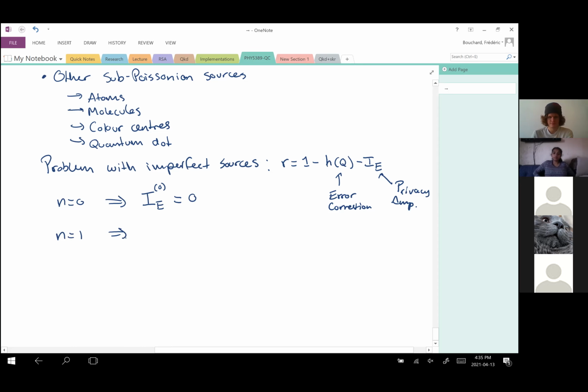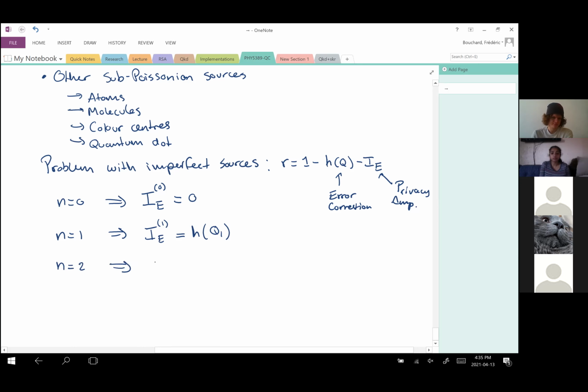Second case is if you have a single photon. In that case, the mutual information of Eve, let's write Q1, for BB84, that's just Shannon entropy. And then Q1 is the error rate for a one photon state.